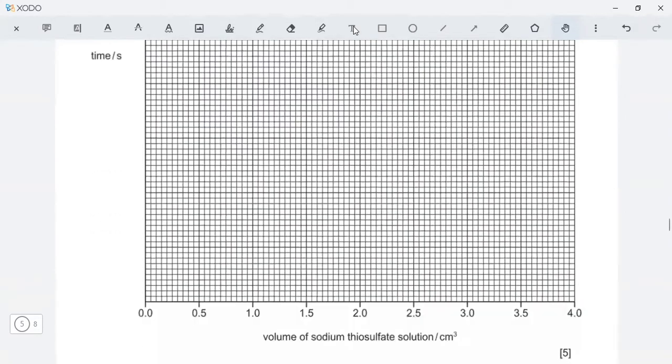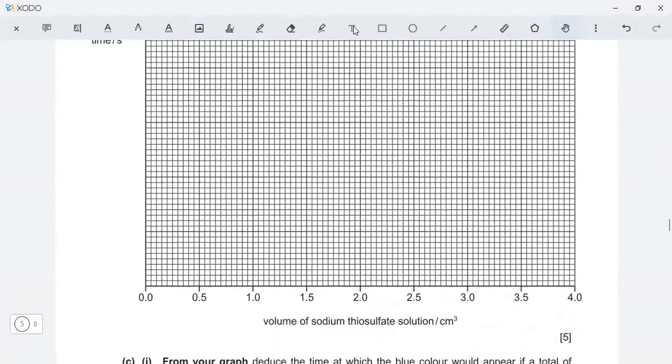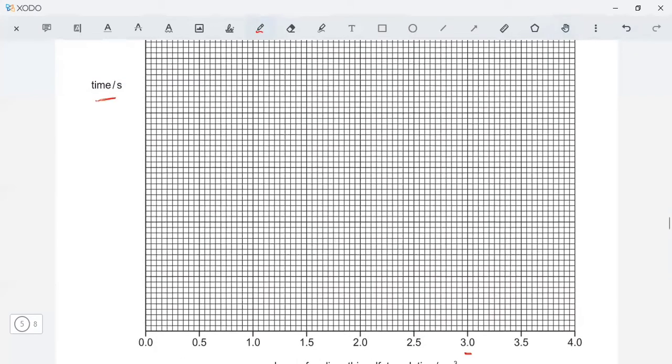Okay, so we have time in seconds. It's about 126 something, that is the total time we got, and for the volume of sodium thiosulfate we can take until 3 centimeter cube. Okay, so draw the graph. Basically, already in the x-axis there is the volume of sodium thiosulfate, and on the y-axis there is time in seconds.